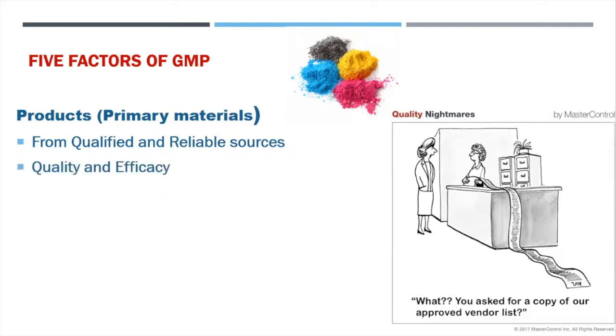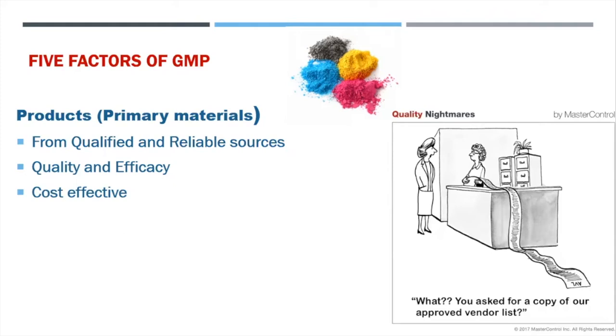So you cannot just buy the raw material from any X, Y, and Z manufacturer. It is a whole lot of a procedure. It's a protocol that you have to follow, and you have to pass through it. And then you decide that, okay, this is the manufacturer that I'm going to buy from. An example commonly used is paracetamol.